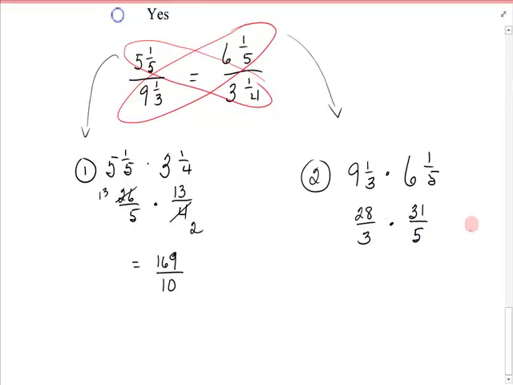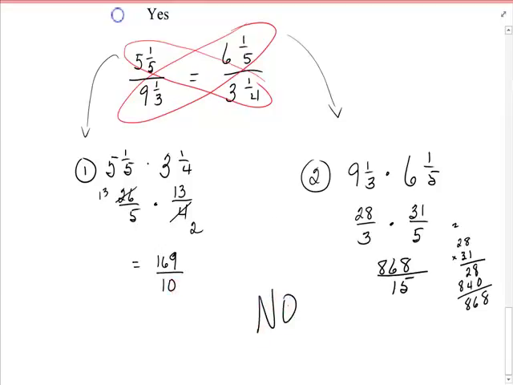So when I multiply the tops, that's 28 times 31. It's 28. Placeholder 0. 3 times 8 is 24. Carry the 2. That's 6. That's 8. That's 868. The numerator is 868. The denominator is 15. And these are not the same. So the answer is no.